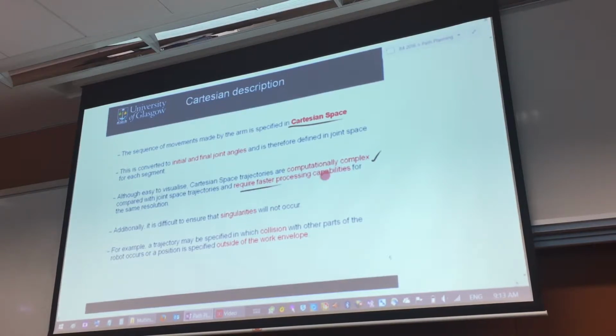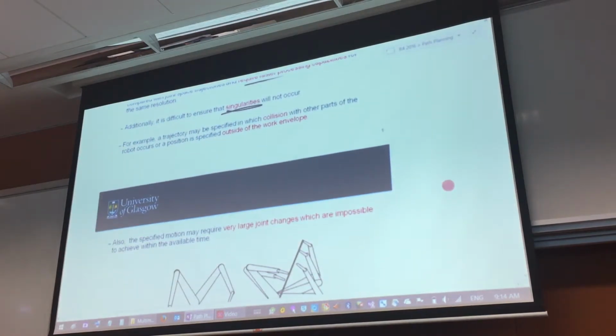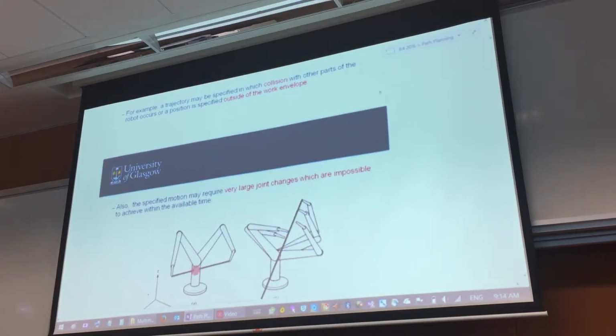It requires faster processing power compared to your joint space description. And actually, it's difficult to ensure that no singularities would occur. These singularities just mean those cases that I spoke about. All right, this is the point of singularity.